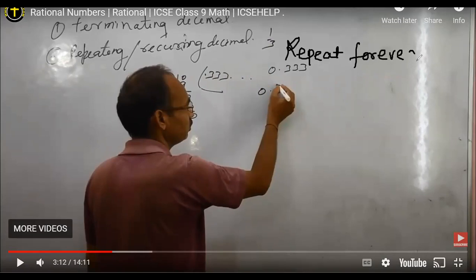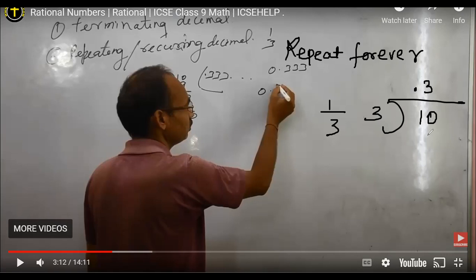For example, take 1 by 3. When you divide 1 by 3, since 1 is lesser than 3, you put a decimal point and add 0. 3 3s are 9, you have 1 as the remainder, again you add 0.